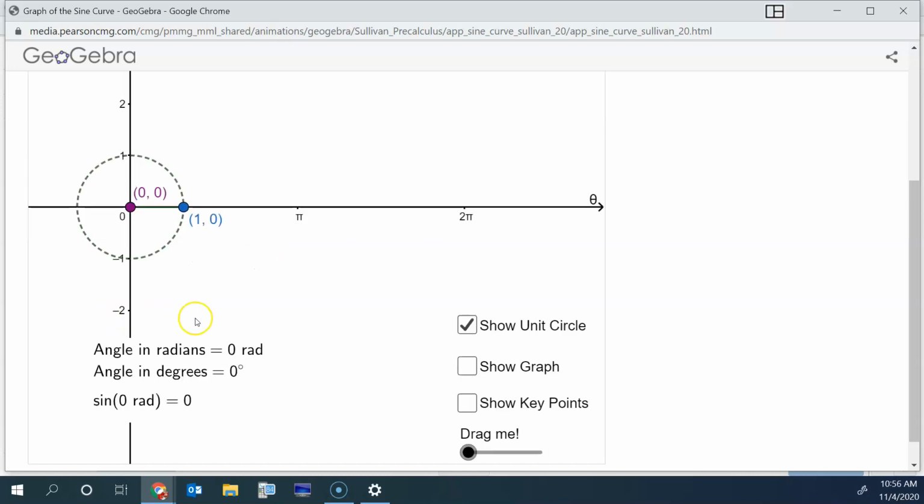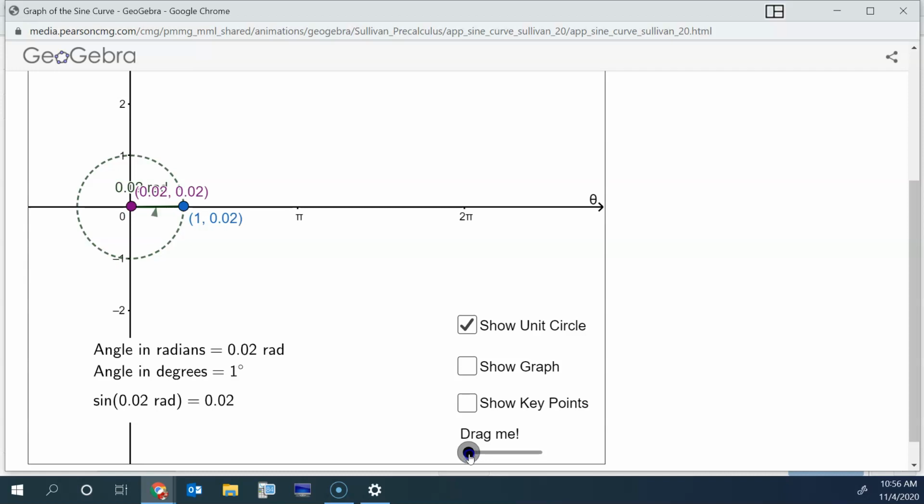All right, now when you open this up and you start to hit right down here where it says drag me, when I click on that and start dragging it, the first coordinate right here, the 0.95, that's the angle.